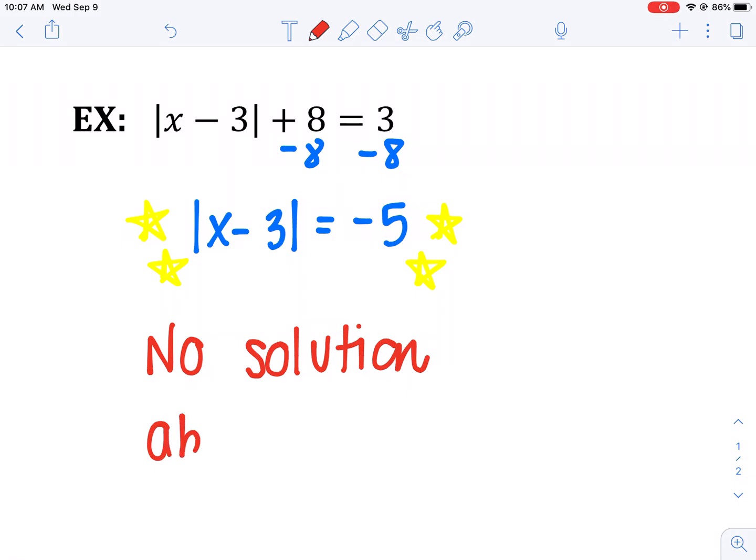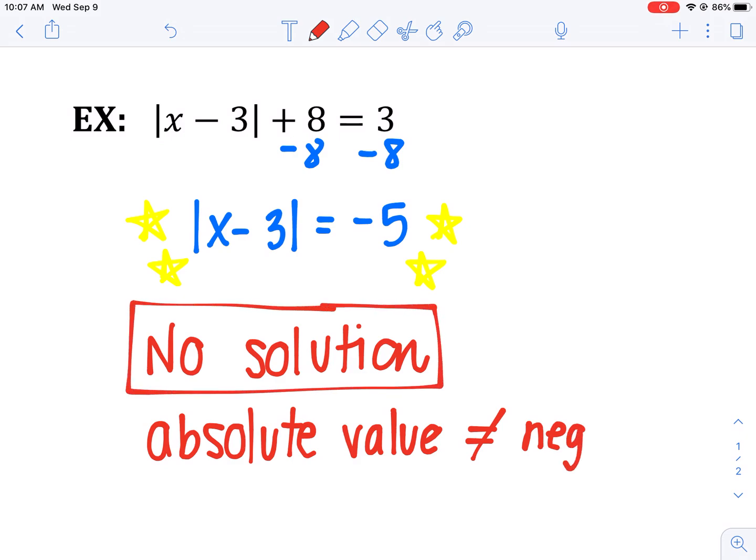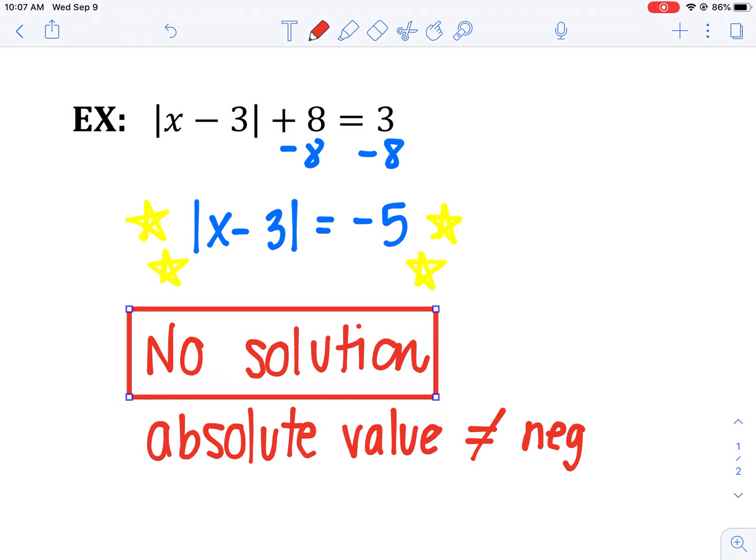because an absolute value cannot equal a negative value. Think about absolute value. It means distance from 0. Well, you can't have a negative distance. You might go to the left, but that's not negative.